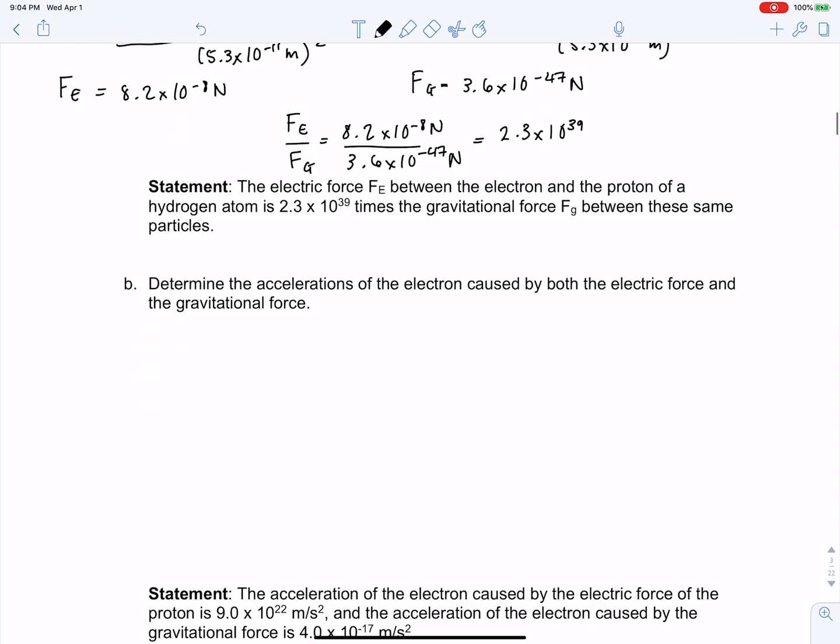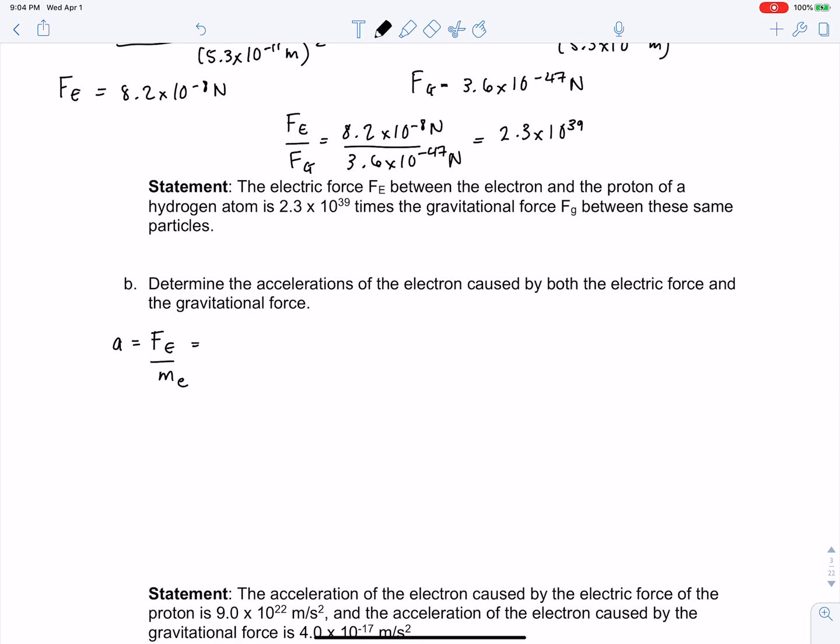Okay. If we know the electric force and the gravitational force, if these forces were to cause an electron to accelerate, what would the acceleration be for this electron? So we want to find the acceleration caused by the electric force on an electron.